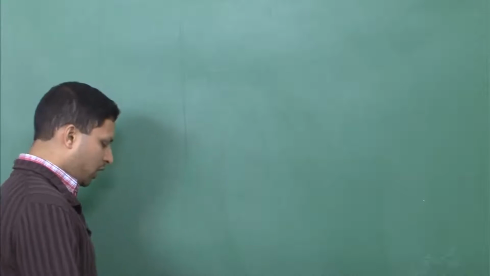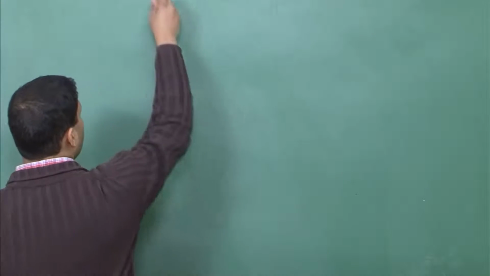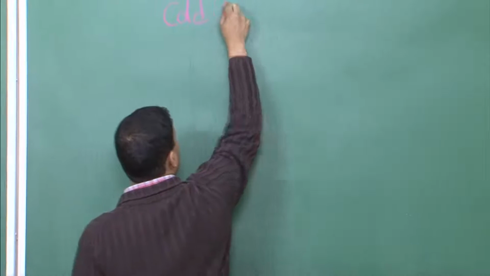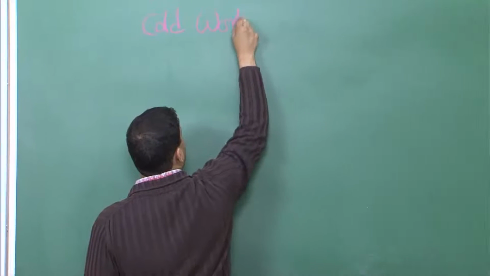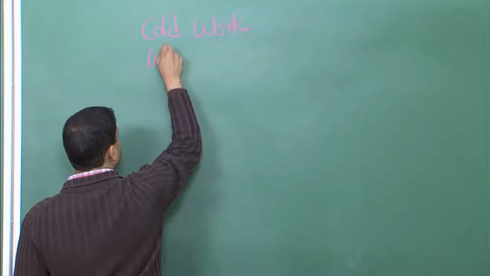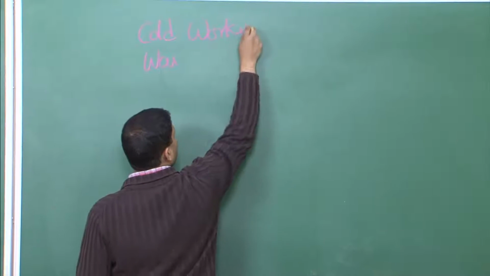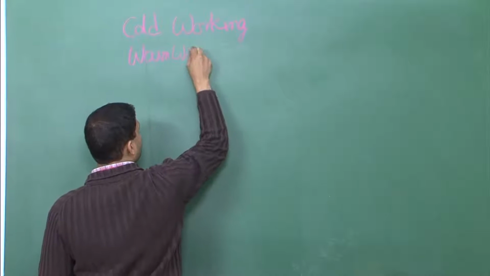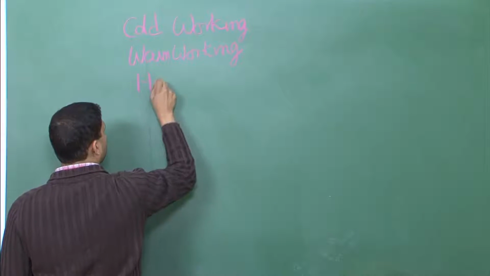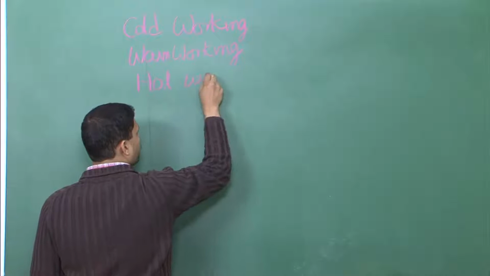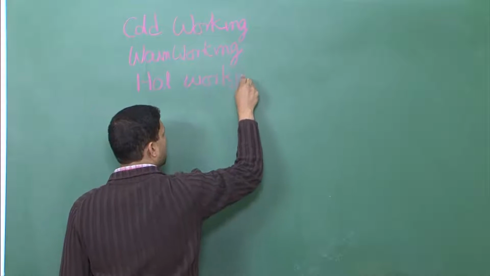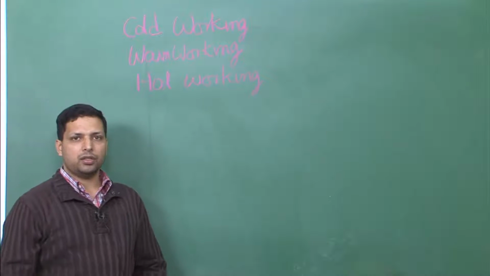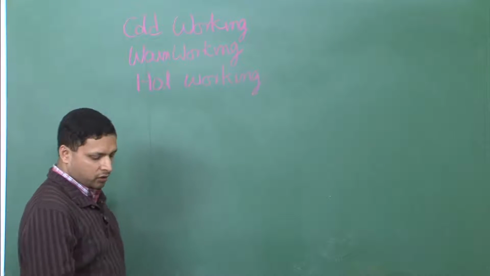Why we have the three different zones, you remember the three different regimes: the cold working, warm working, and the hot working. The next part is we will look at each of these separately. So, let us start with cold working.